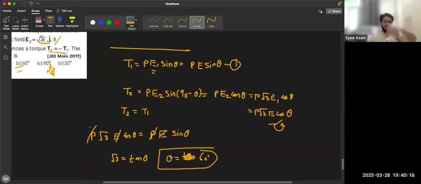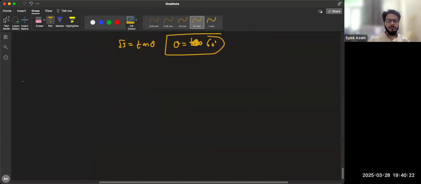So what is SHM? Simple harmonic motion. And what is simple harmonic motion? How will you decide whether a motion is simple harmonic or not?